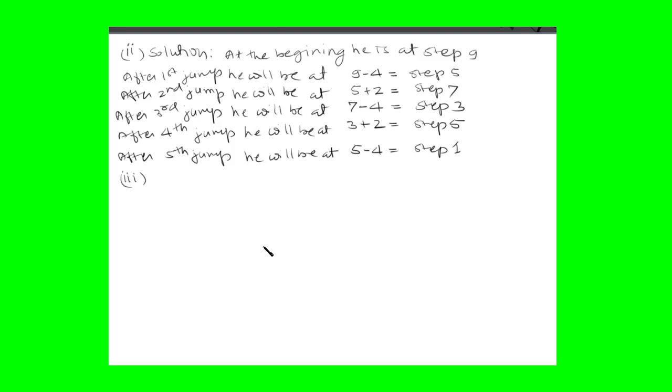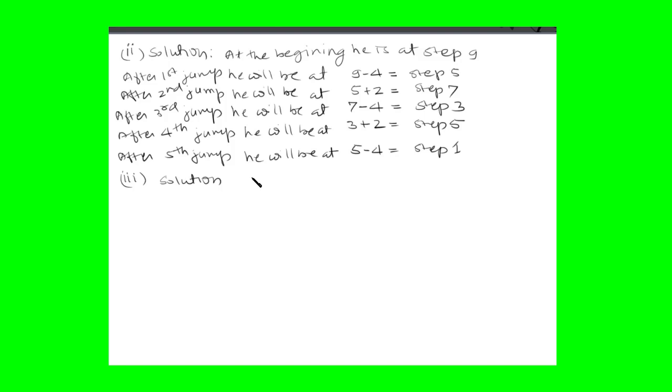In A, the sum equal to minus 8 represents going down by 8 steps. So what will the sum 8 in part B represent? So we solve part 3 of the question.